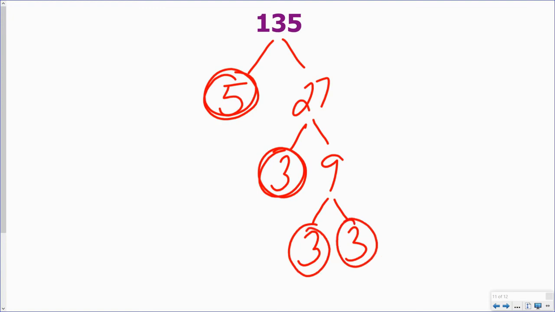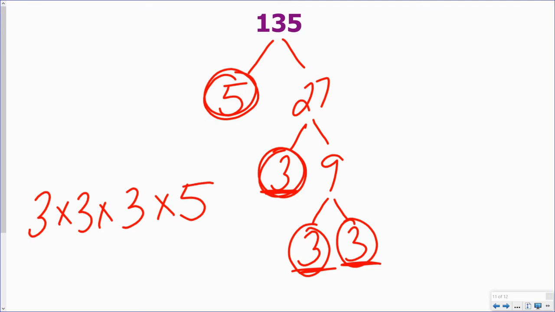So now I'm going to make a list of my prime factors. And I have 1, 2, 3 3's. So I'm going to have 3 multiplied by 3 multiplied by 3. And then I have 1 5. So multiply that by 5. Well, again, this is an expanded form. So I'm going to simplify that down to exponent form.